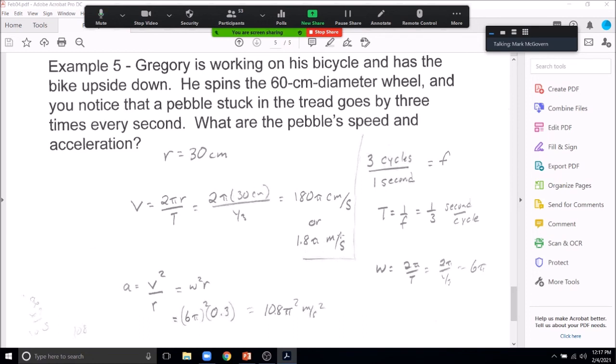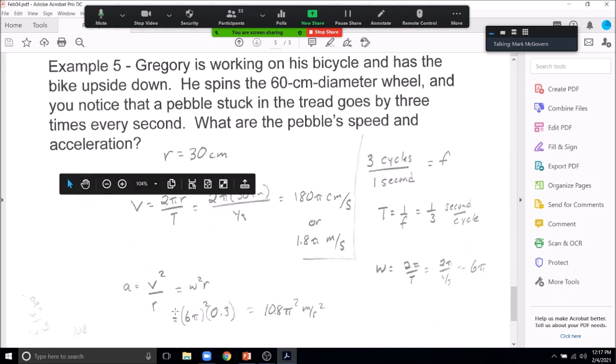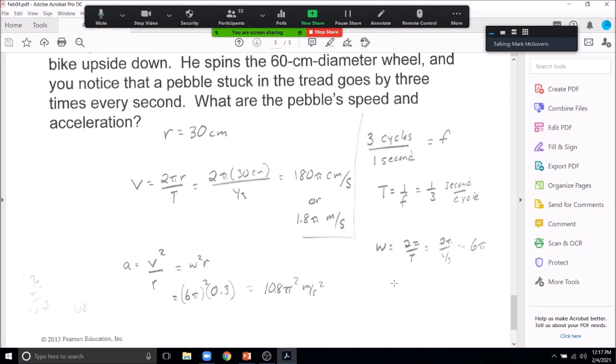There's a pi in here; I just left the pi. And then for the acceleration, you can do v squared over r, or you can do omega squared r. I happened to do omega squared r because I had already worked out what omega is. I could have used the other one, I suppose. It doesn't really matter. I end up getting 10.8 pi squared meters per second squared, and that's sufficient.